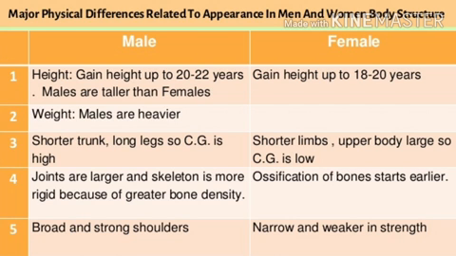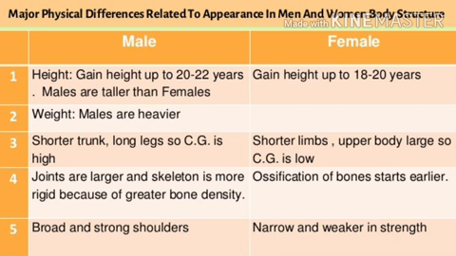In males, joints are larger and the skeleton is more rigid because of greater bone density. In females, ossification of bones starts earlier. Now, males have broad and strong shoulders.